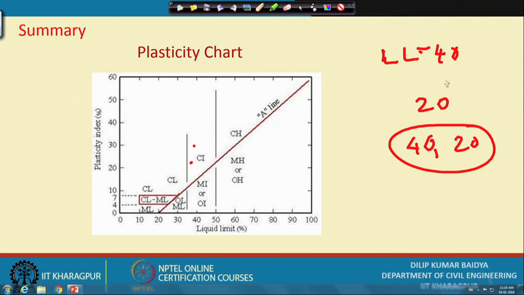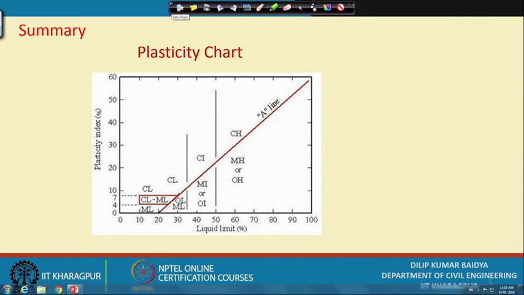So, if the liquid limit is 40 and the plasticity index is 20, then it is coming above the A-line, between 35 and 50 liquid limit, and the soil will be classified as clay with intermediate plasticity. Like that, it can be clay of high plasticity, silt of high plasticity, or organic of high plasticity. So, this is about classification.